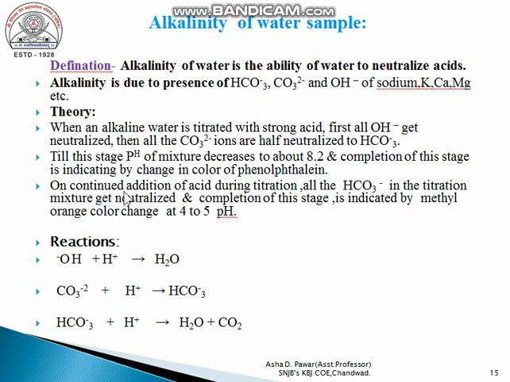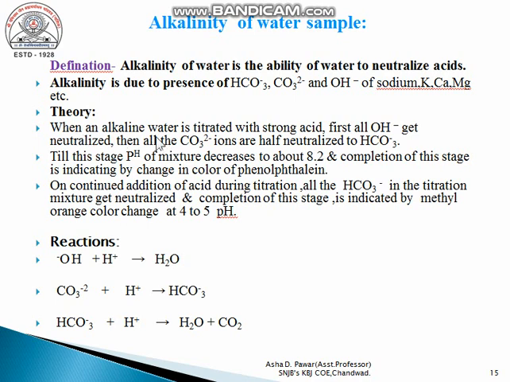So before the titration procedure, what is the theory? Students, if water contains alkaline ions like carbonate, hydroxide and bicarbonate, it can easily be neutralized using an acid. For that purpose we do the titration of alkaline water with a strong acid like H2SO4 or HCl.